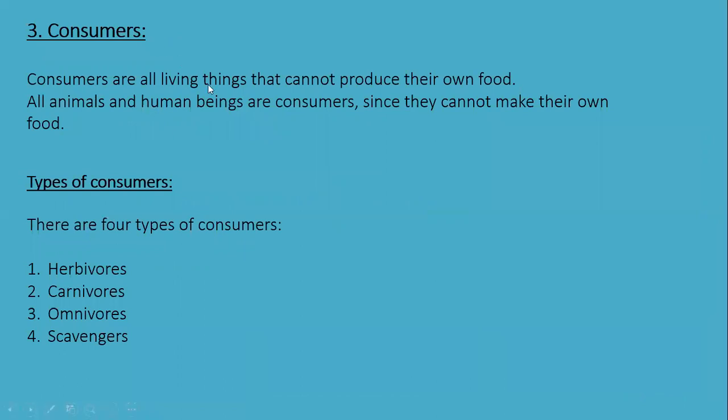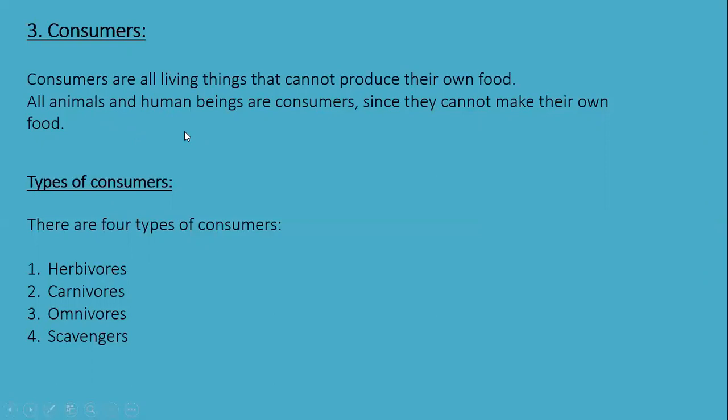Consumers are all living things that cannot produce their own food. Just like us, human beings and other animals are consumers since they cannot make their own food. We need to eat food from outside. It means our body does not make food inside, just like the plants.